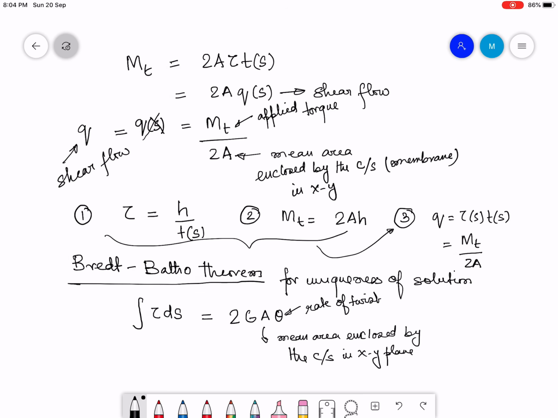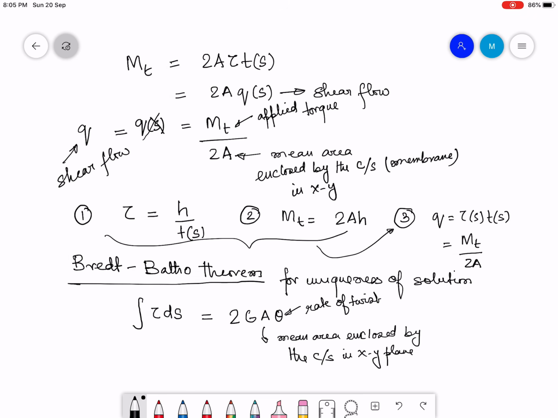The solution from the equilibrium equation does not provide uniqueness of the solution, so there has to be another criterion to guarantee it.